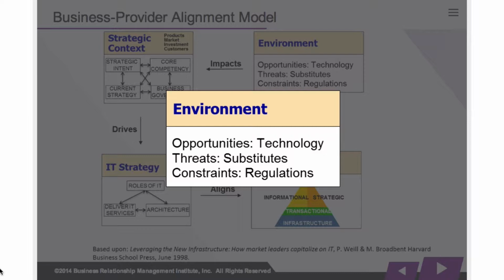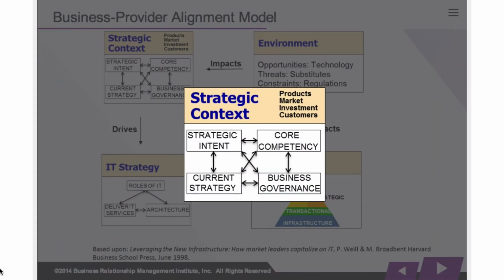The business does not have complete freedom of action. It operates within external constraints, such as regulatory or legal requirements. These and other environmental factors impact both business strategy and the portfolio of services that the provider is able to offer. The strategic context relates to the business partner's products, markets, investments, and customers.